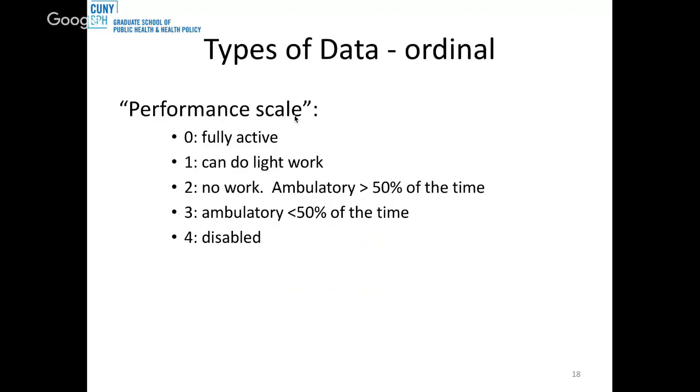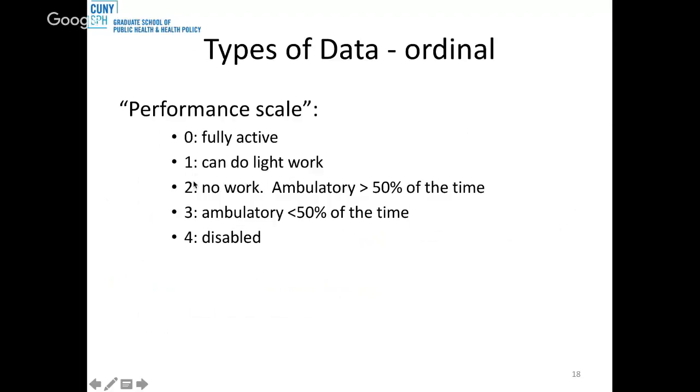Ordinal data are like nominal data, except that they actually have an order to them. So with the nominal data, the order is completely arbitrary, whereas with ordinal data, there is some ranking of them. An example being this Karnofsky performance scale, which is a clinical description of how mobile a patient is, ranging from fully active, which is called a 0 on this scale, to disabled and unable to move on their own, being a 4.